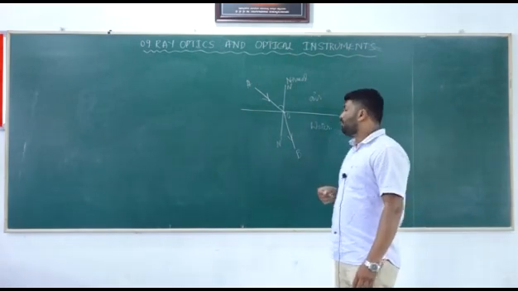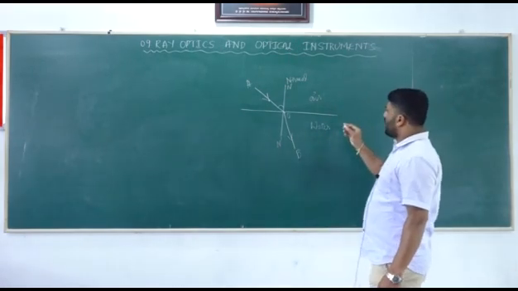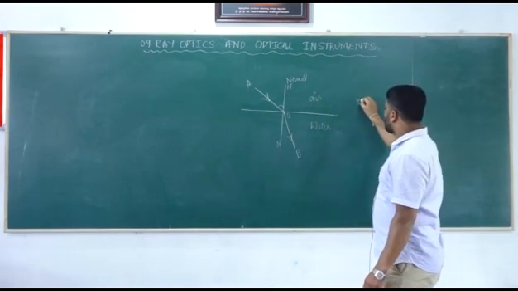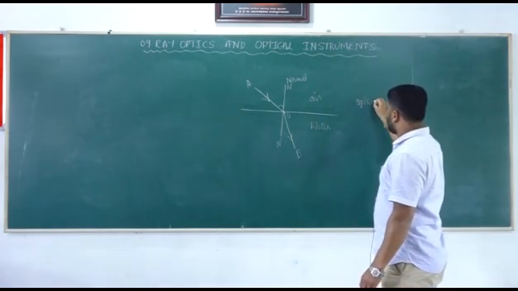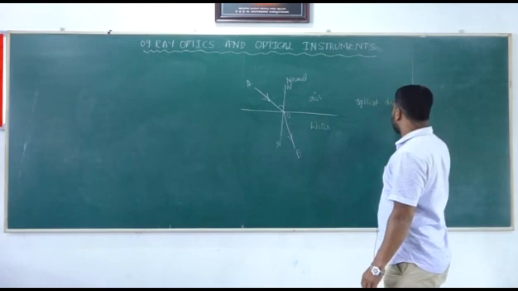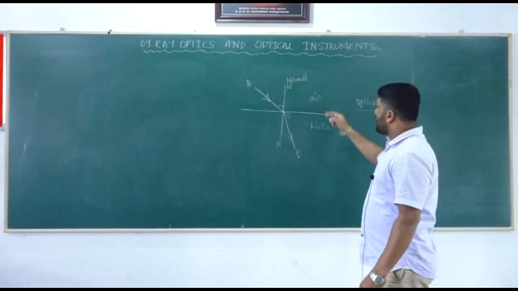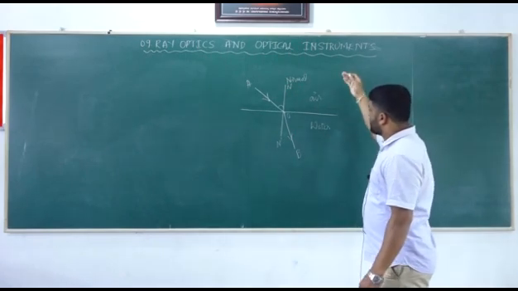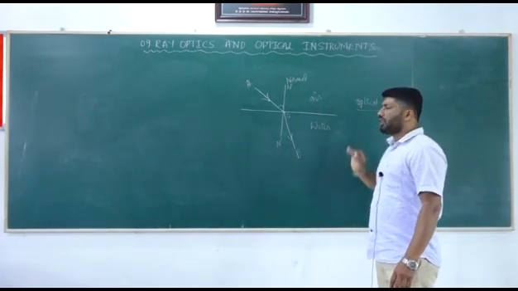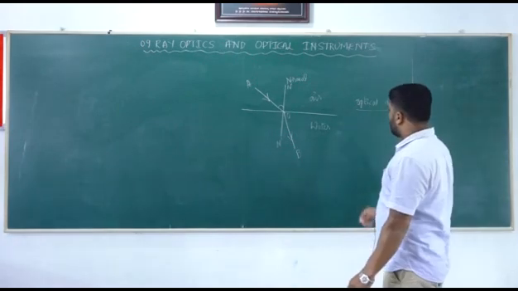I already told you about optical density. When there is a variation in optical density, air's optical density will vary compared to water.